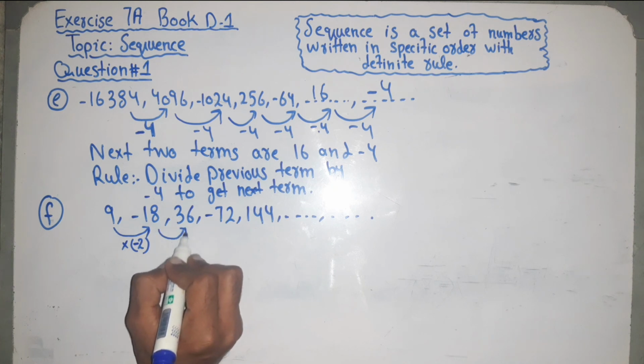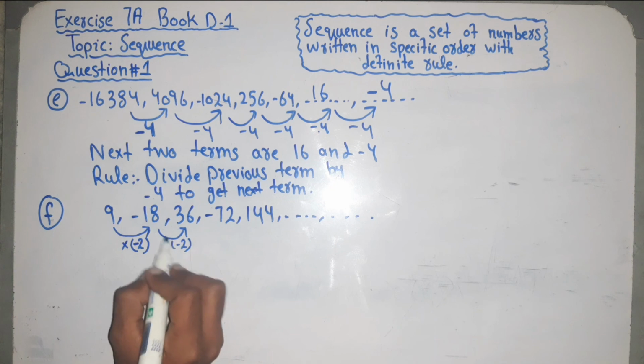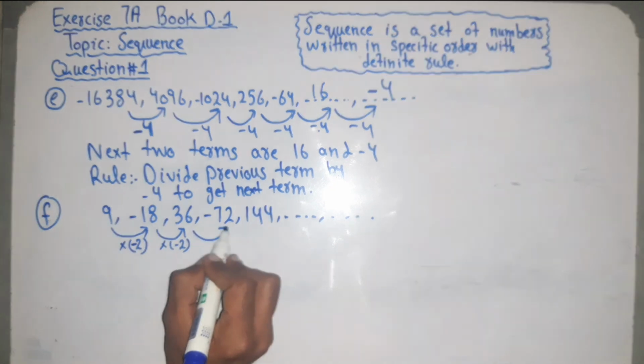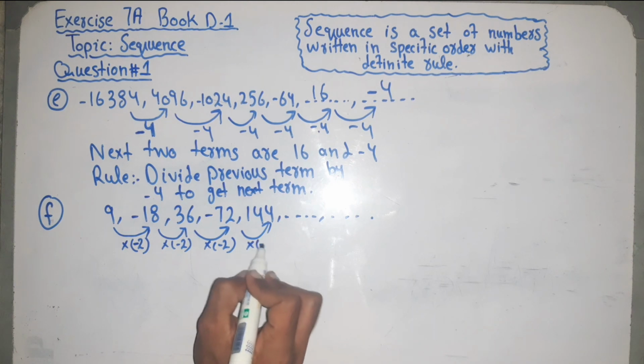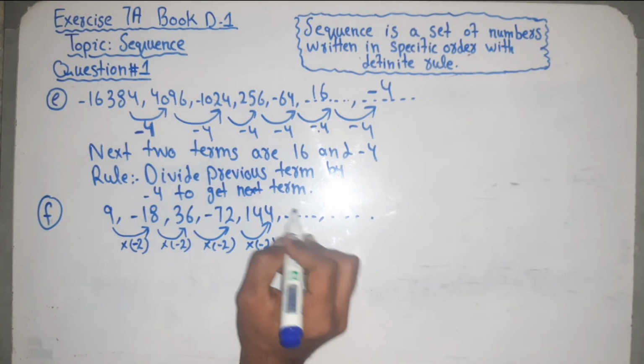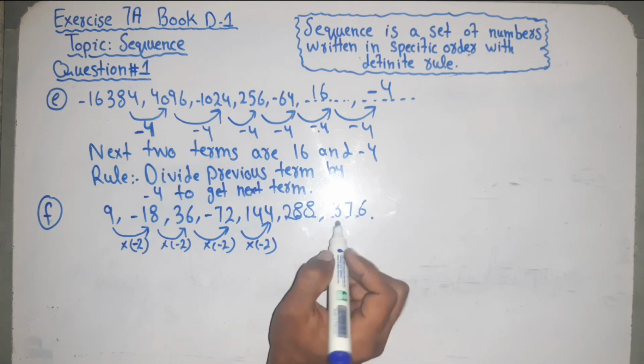So if we multiply, we have -18. If we multiply a negative number with a negative number, we get a positive answer. So this follows the same sequence, -2 multiplied by -2. Okay, so the next term will be 288, and the next term will be 576.